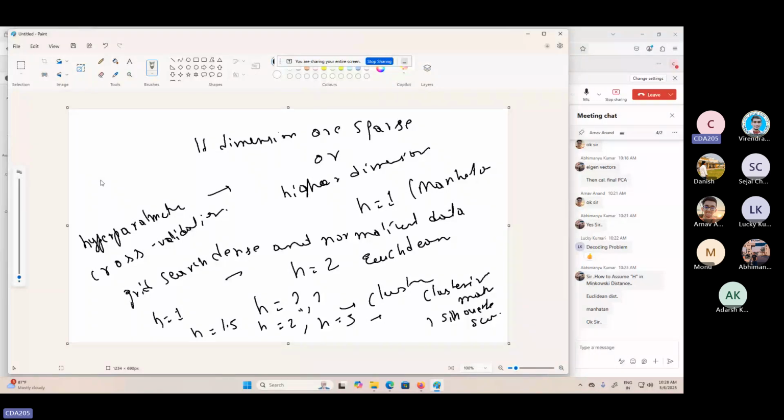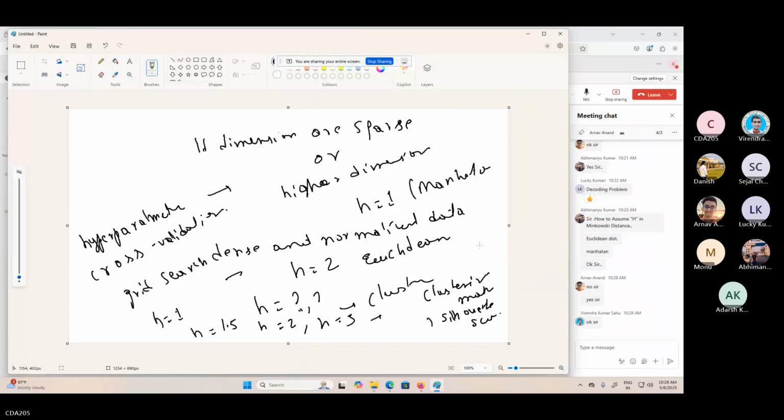Okay. Anyone has any more doubt? So with this, we have completed the syllabus of the machine learning part. When we talk about reinforcement learning, it is another subject. But in machine learning, there are two things, that is supervised and unsupervised.